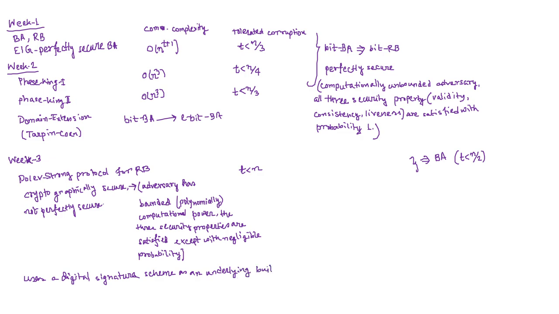As you know, any digital signature scheme is a cryptographic primitive, so there comes the question of cryptographic security instead of perfect security. However, they also mention another variant of digital signature scheme which can give us statistical or information-theoretic security, where the adversary will have unbounded computational power, but still there is a negligible probability of failure.